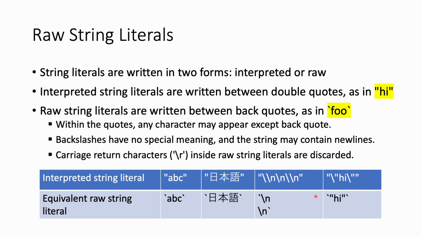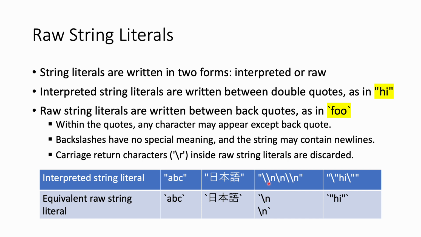In the last two examples, located in the two rightmost columns of this table, the interpreted string literals contained escape sequences such as double backslash and backslash n, and backslash double quote. Those escape sequences are represented as the raw characters in the raw string literals.